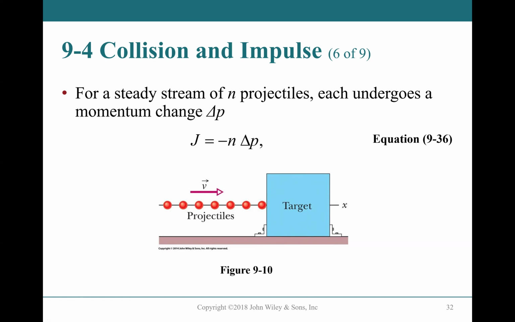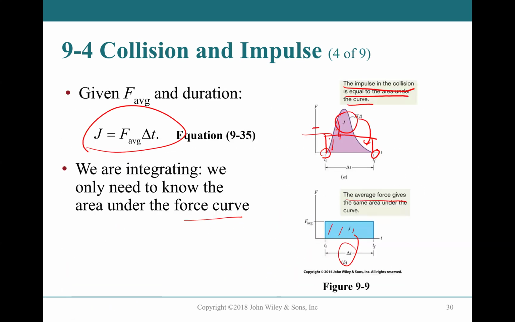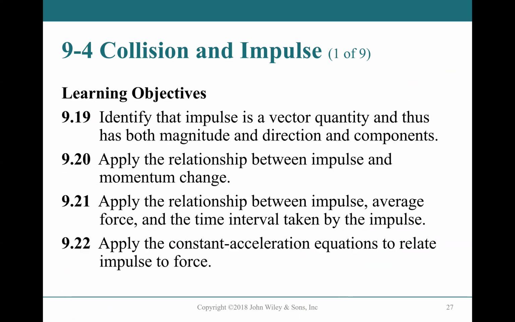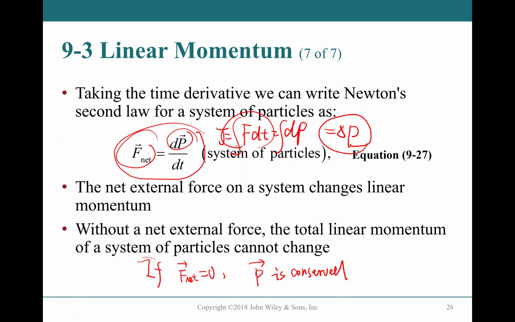So if the particles undergo a change of momentum delta p, the negative sign means final minus initial. Why do we have this negative? Our impulse will be equal to the change of momentum. We don't need the negative sign.